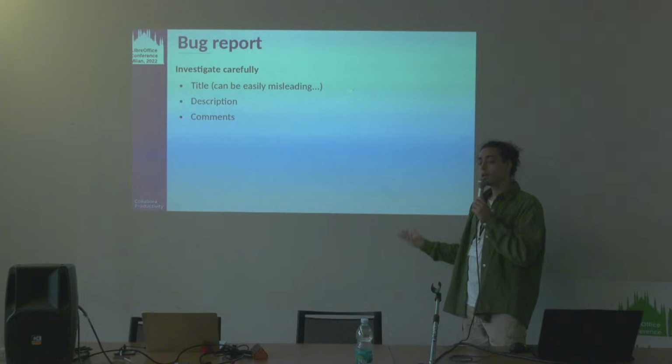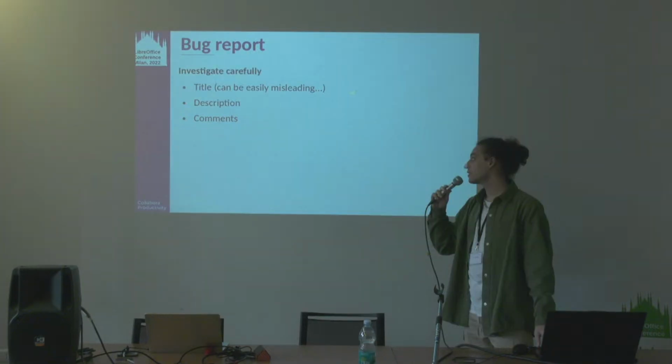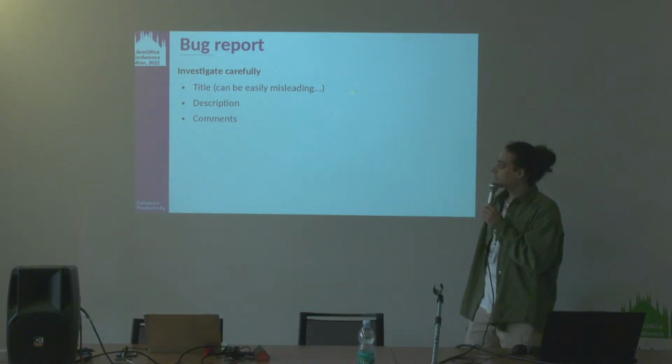After that there is a description and comments. I think the most important part, usually if it's a populated bug, is the comments. If you are lucky, you can find lots of know-how there of other QA engineers going through the document and giving tips and stuff. So look out for that.